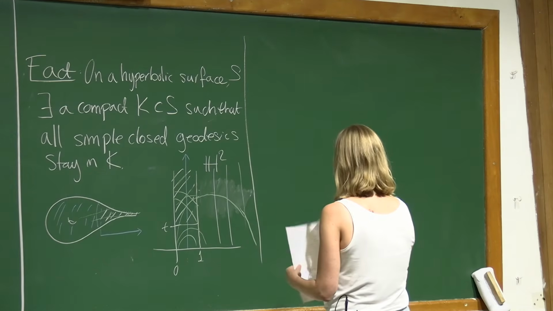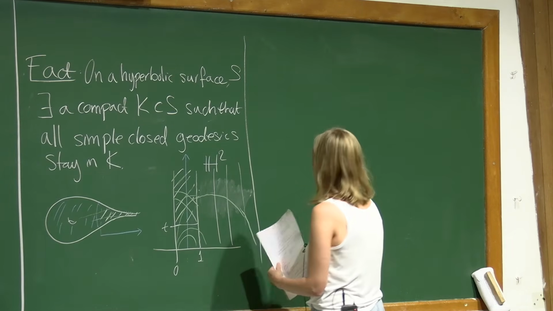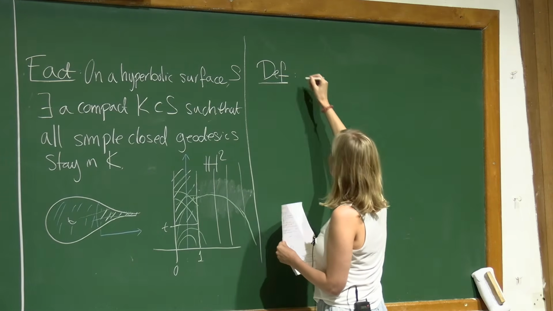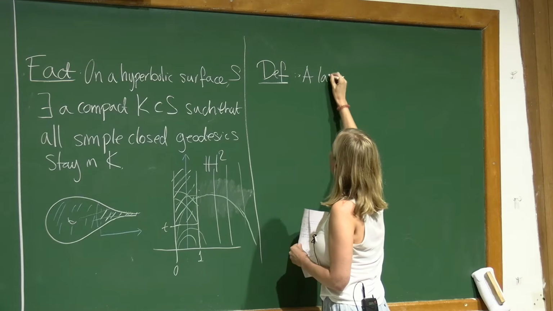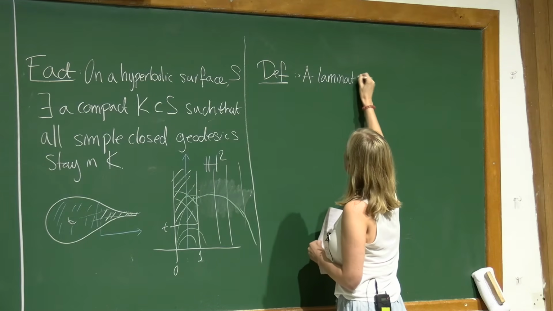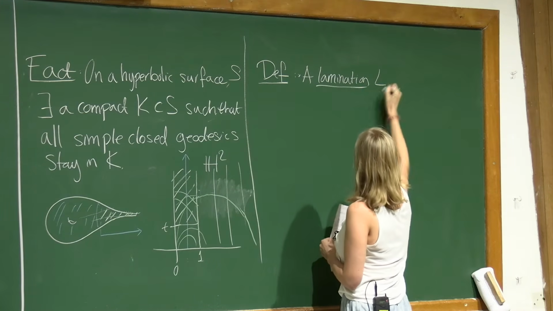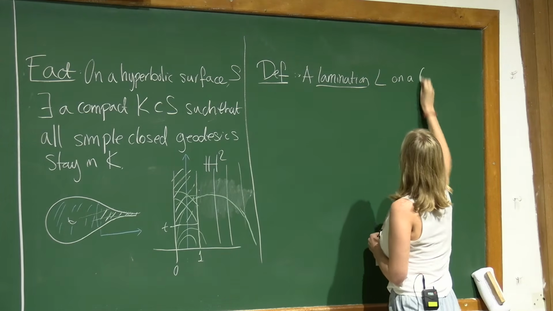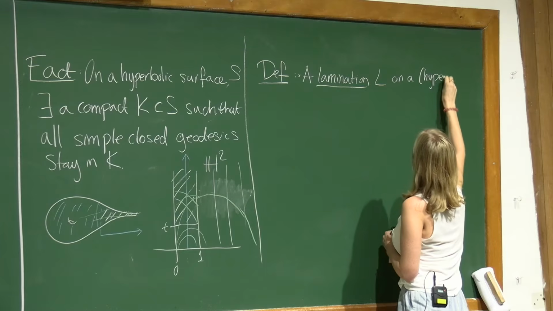Okay. So let me define what a measured lamination is, or a lamination first. A lamination L on, let me say, a hyperbolic surface (let me explain why I put it in parentheses).